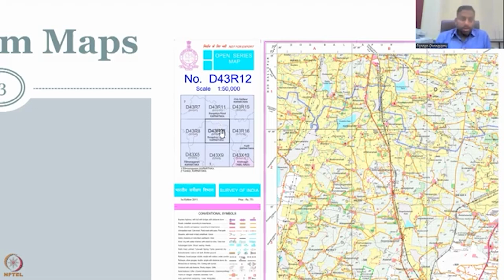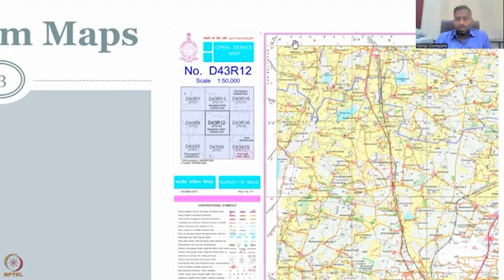It is also important to understand that these are gridded. The entire India is gridded into sheets, and within the sheets there are subgrids, and here D43 R12 is there, and within that you have the latitude and longitude. The longitude starts from 77 degrees, 30 minutes, up to 32 minutes and 30 seconds.